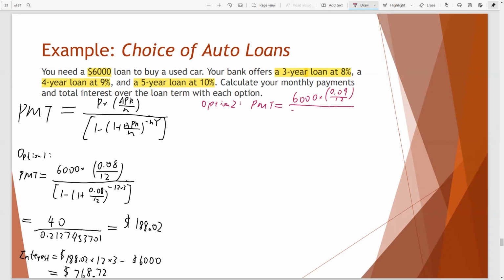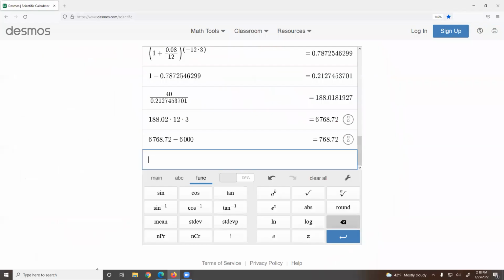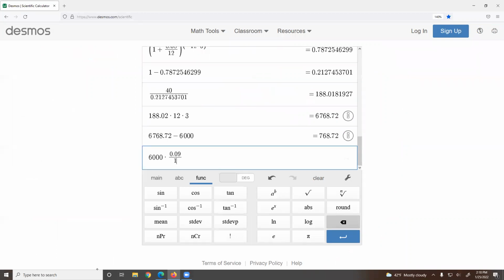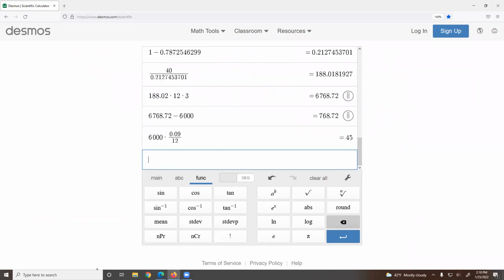Right. 1 minus 1 plus 9% over 12 to the negative, times 4, right? 4-year loan and 9%. 0.09 divided by 12, that is 45.